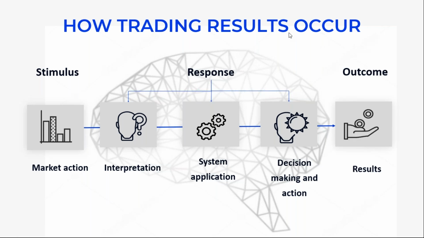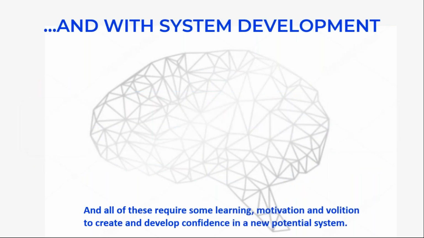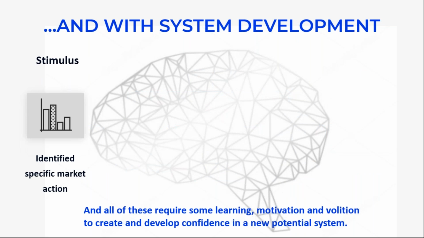We covered this in some detail at the fairly recent Intermediate Traders Clinic when I talked about psychology for 2 sessions. It was great. Now we can take this model, which I'm calling Trader IQ, and put it with system development. We've still got something that we're looking at in the market, except that when we're developing a system, we're looking for a frequent, identified, specific market action.